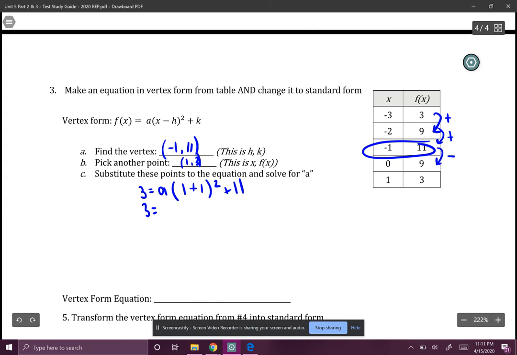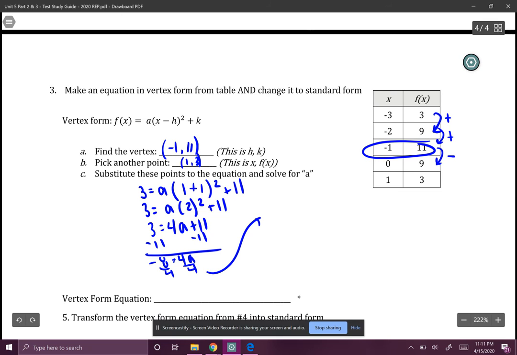Let's take this step by step. 1 plus 1 is 2, so now I have a times 2 squared plus 11. 2 squared is 4, so now I have 4a plus 11. Subtract 11 on both sides, we get -8 equals 4a. Divide by 4 on both sides, we get that -2 is equal to a.